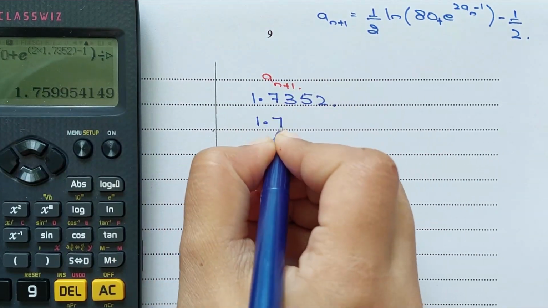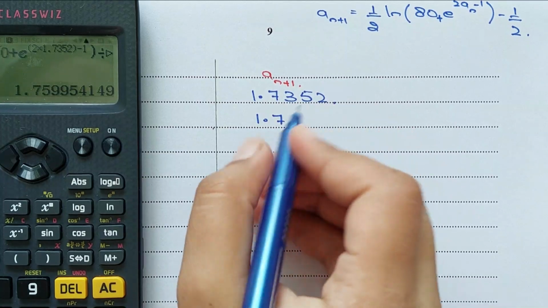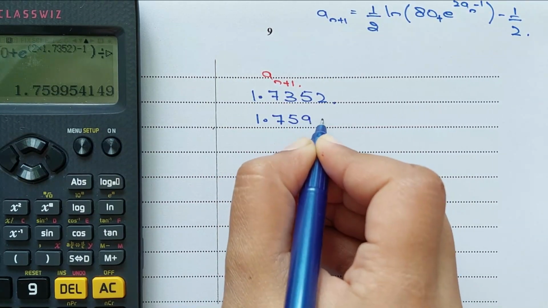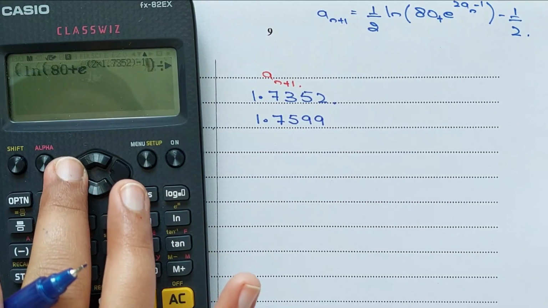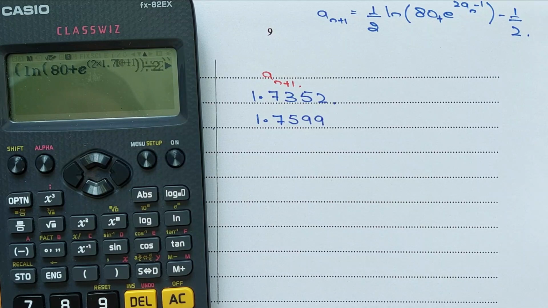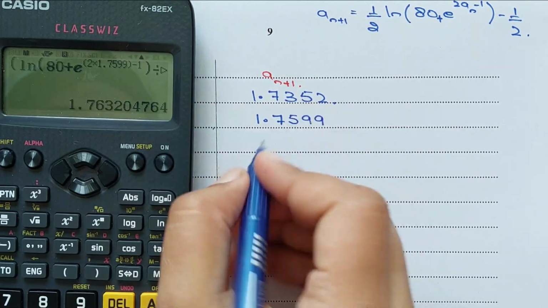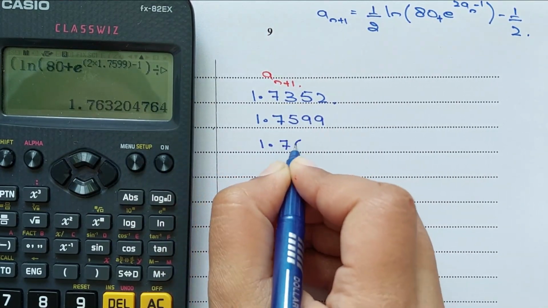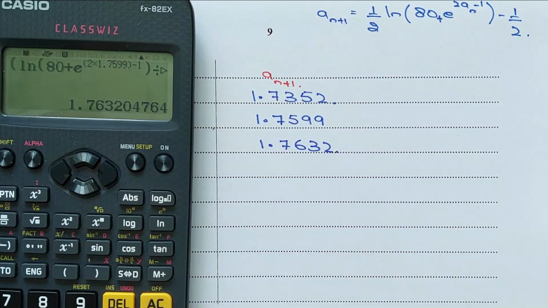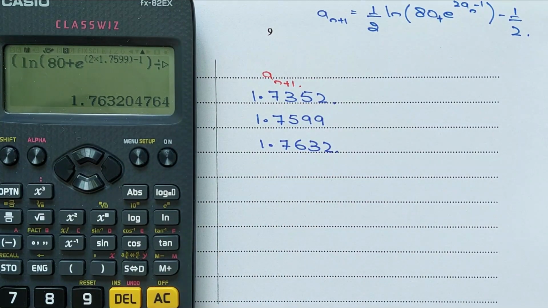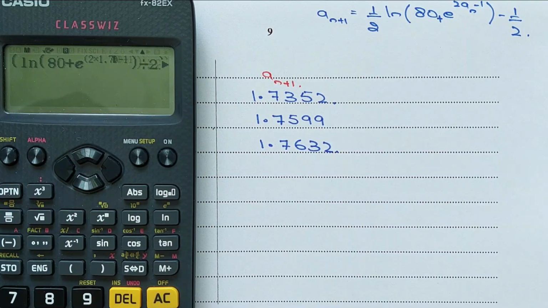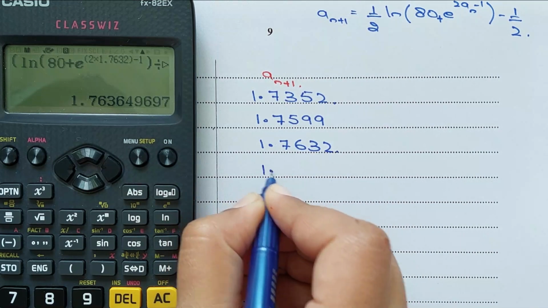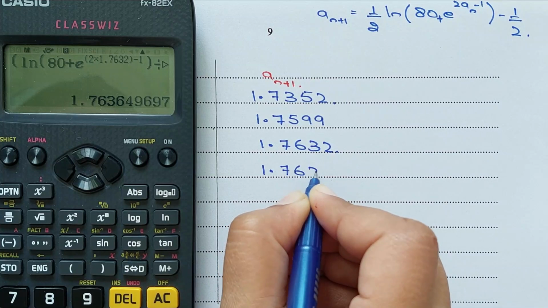This is at 1.7599. We have 1.763. And the next is 1.7632, which is 1.7636.